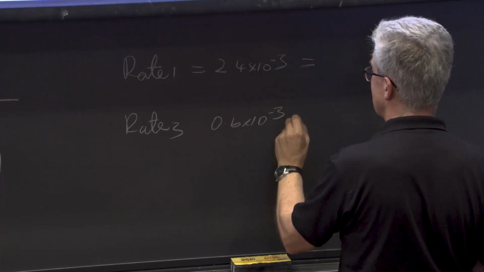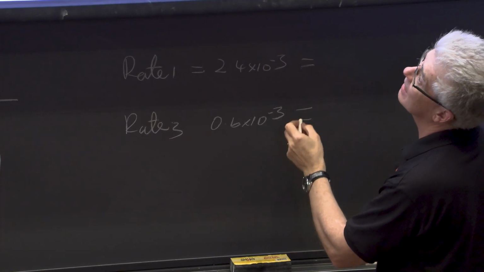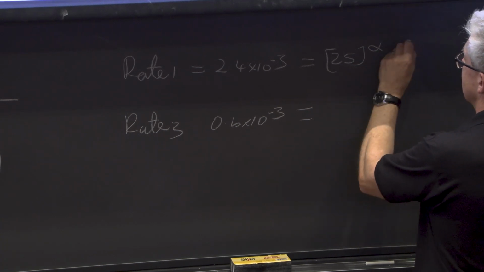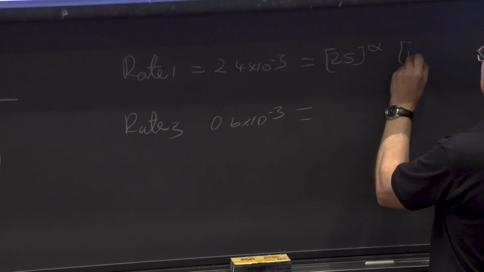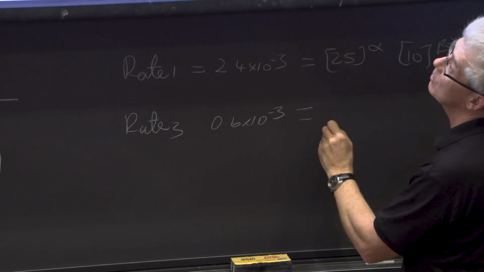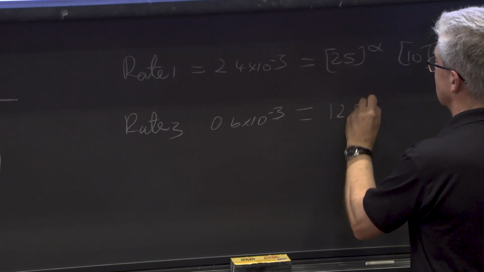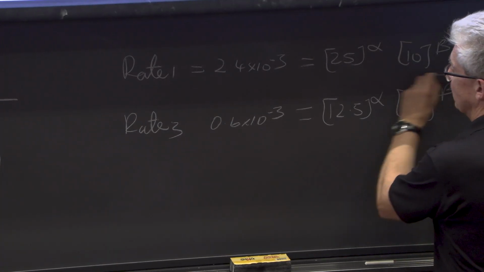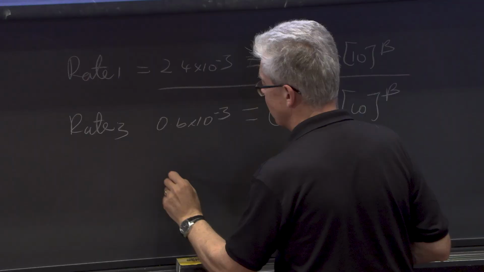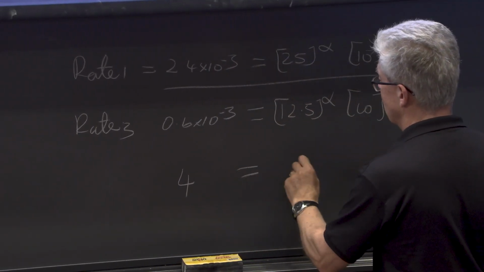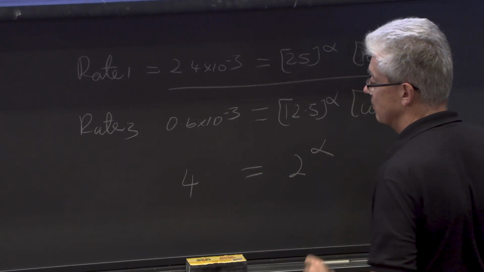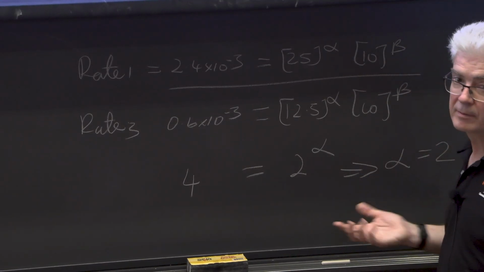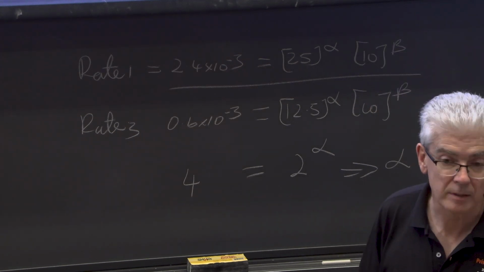And this is equal to, again, 25 to the power of alpha times 10 to the power of beta over 12.5 to the alpha and 10 to the beta. So we do this, and we have 4 is equal to 2 to the alpha. So therefore, alpha is equal to 2. Okay, very, very simple.